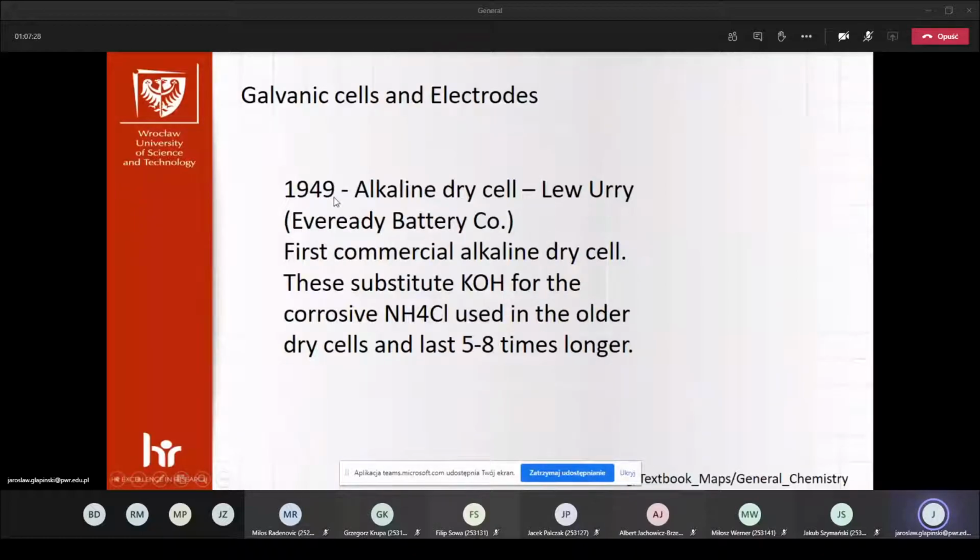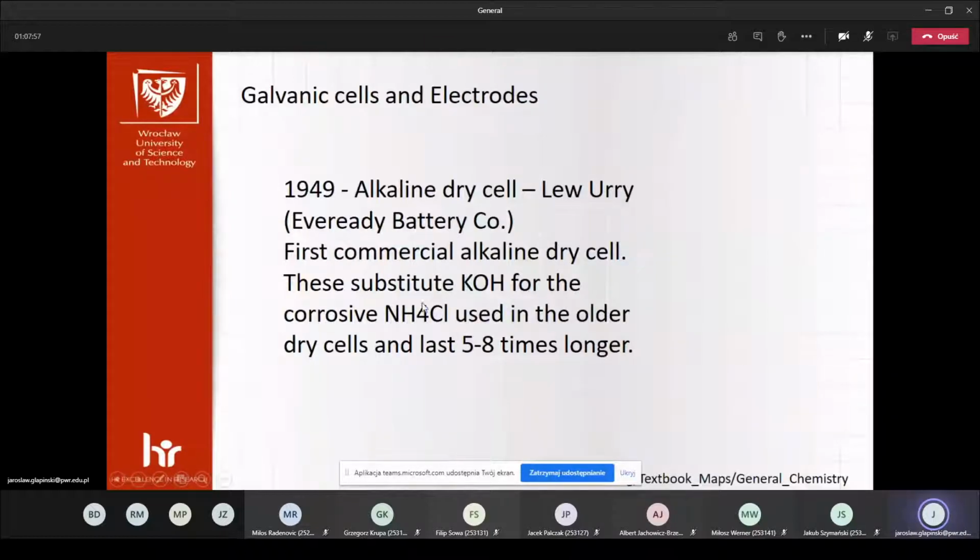It's not very far. And it was the first commercial battery, and he used not the solution of the acid, but the solution of KOH. Yes. So he used some corrosive substances, and in this situation we could have a battery that lasts 5 to 9 times longer.